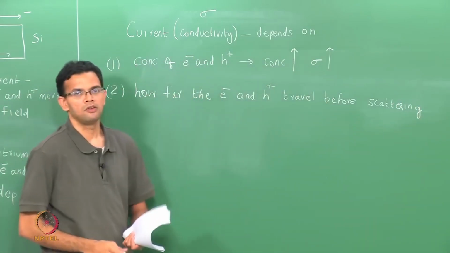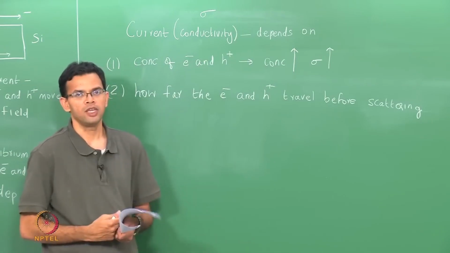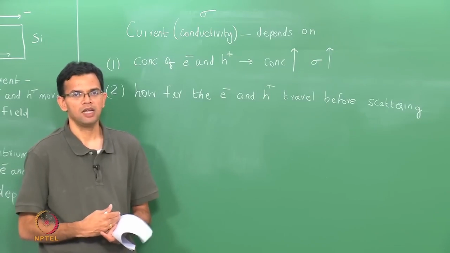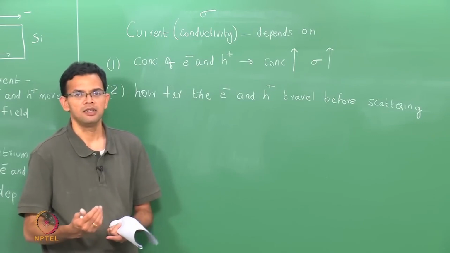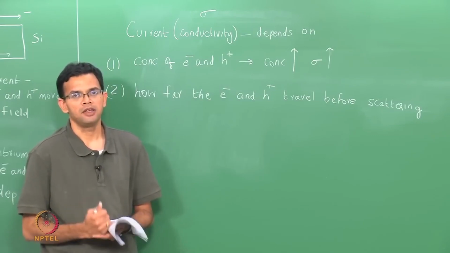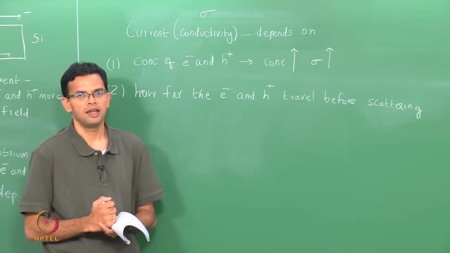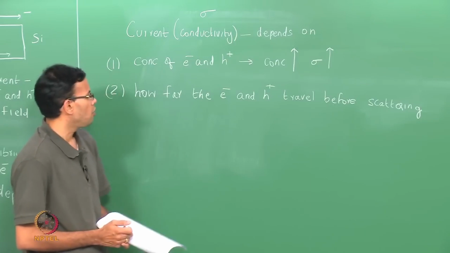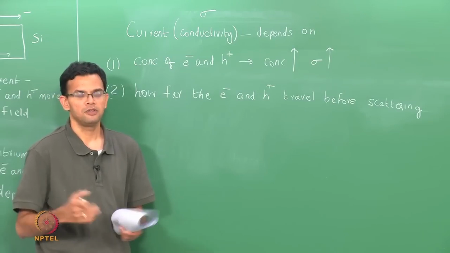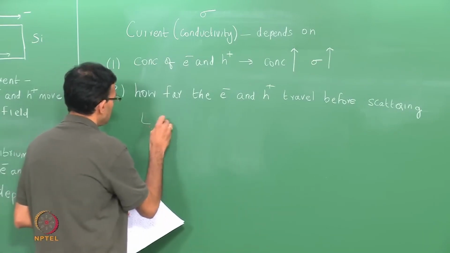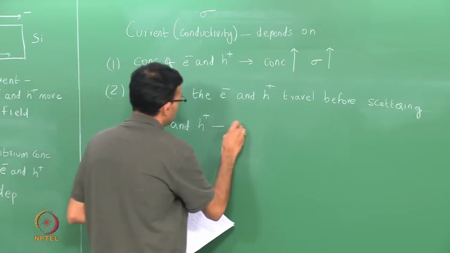So, remember, you have electrons that are moving in the conduction band and you have holes that are moving in the valence band, but these are moving through a solid of silicon atoms. If you are looking at intrinsic silicon, all these atoms are vibrating, which means these electrons and holes can interact with these atoms and get scattered. In the case of a semiconductor, these electrons and holes are said to drift through the material.